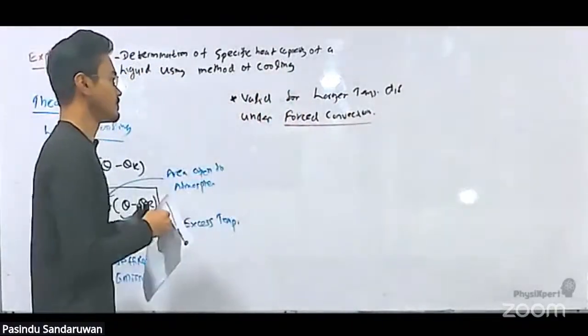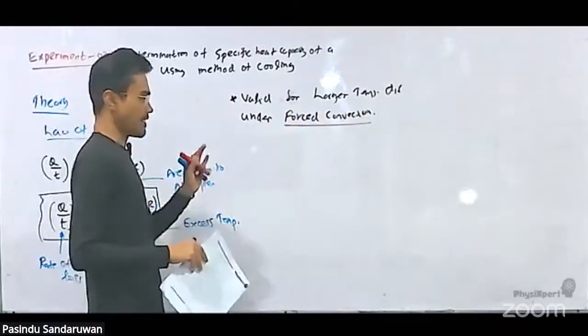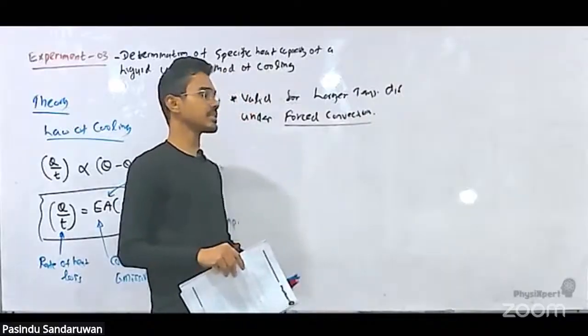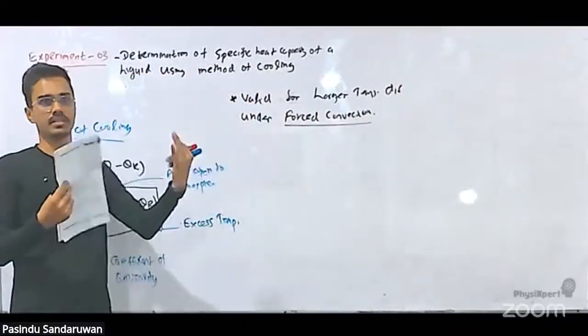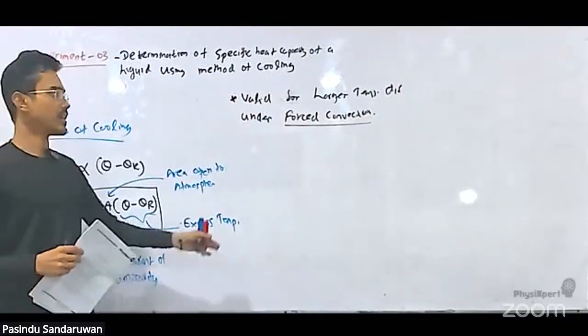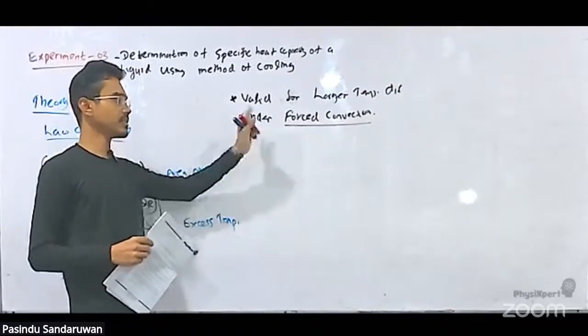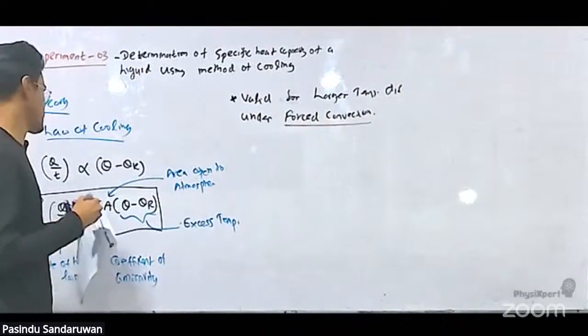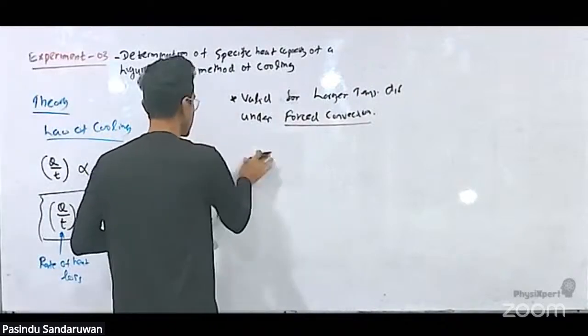Right? So therefore, we are going to have a forced convection here. Otherwise, we can't use this limit. So therefore, we will be using forced convection. And this is how this works.